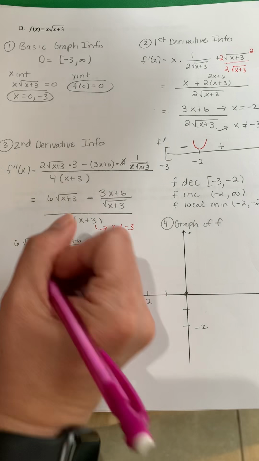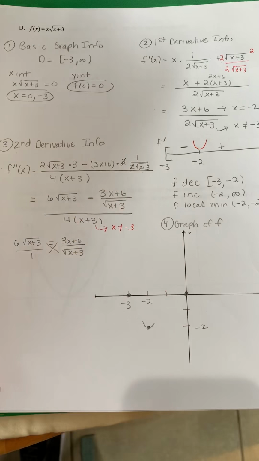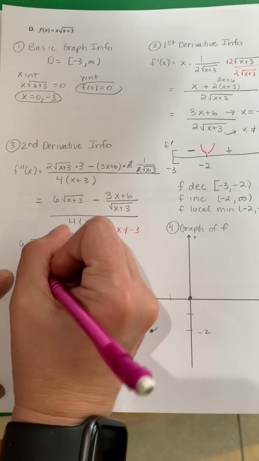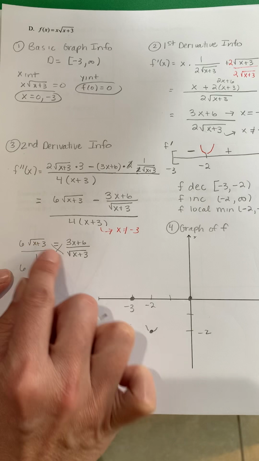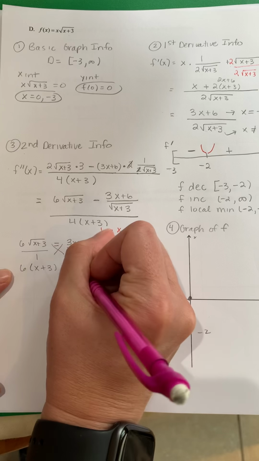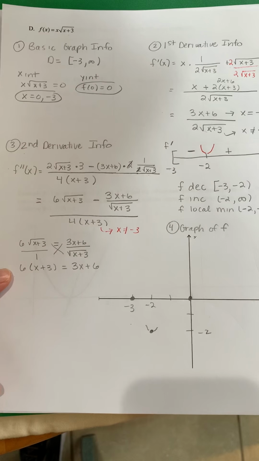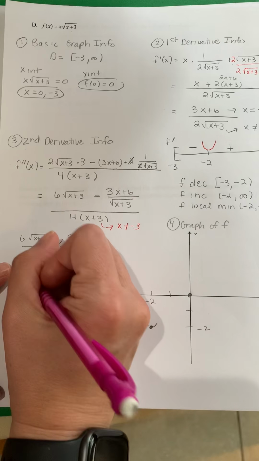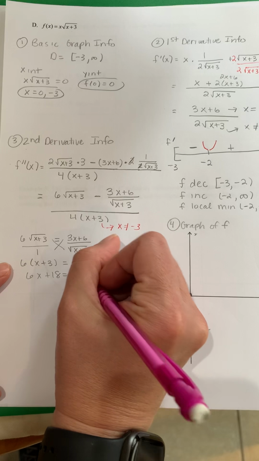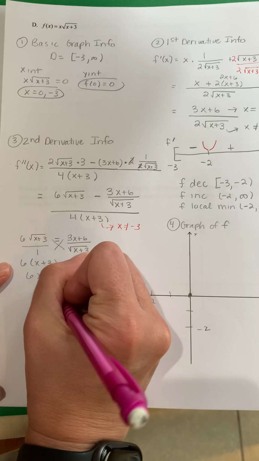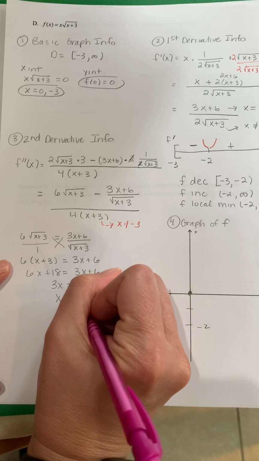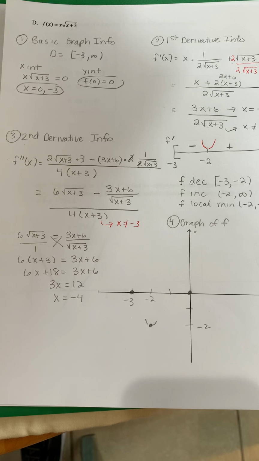Maybe a good thing to do at this stage is to cross multiply. It's a nice easy way to clean the fraction up. So I have 6 times, these are going to cancel each other, so it's 6 times the expression x plus 3 equal to 3x plus 6. Okay, not so bad from here. You get 6x plus 18 equal to 3x plus 6. 3x is equal to 12, and then x is equal to -4.